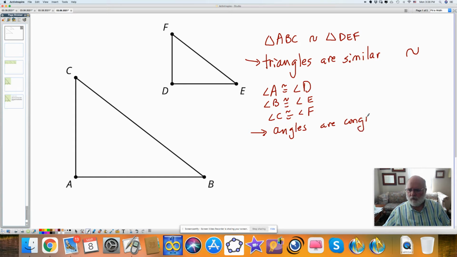And the symbol for congruence is an equal sign with a tilde above it, like this. Not to be confused with just the tilde, or a double tilde, which means approximately, or some other things.